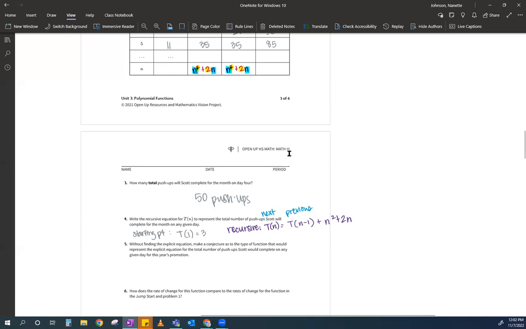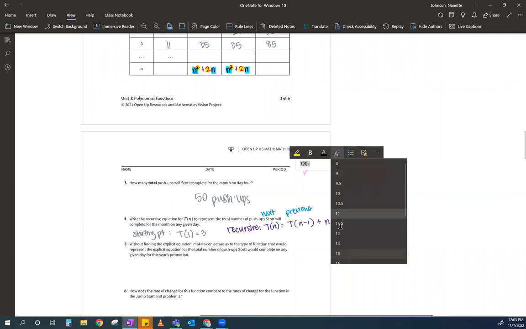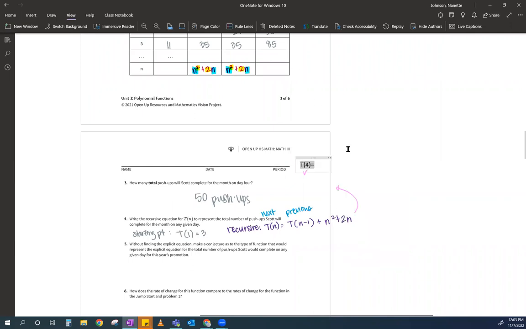Now let me just make this bigger. Okay. So instead of putting an n right there, I'm going to put a 4 again. So I'm going to go T of 4 minus 1 plus 4 squared plus 2 times 4.